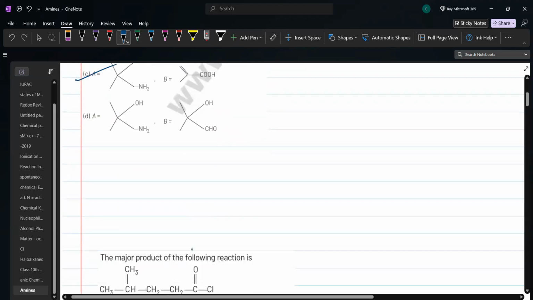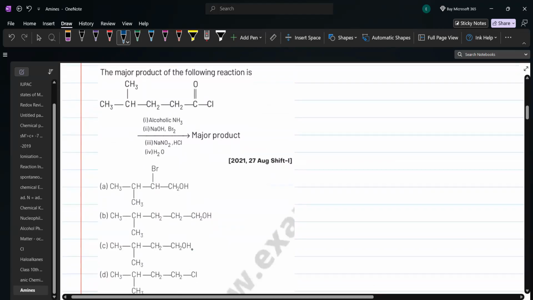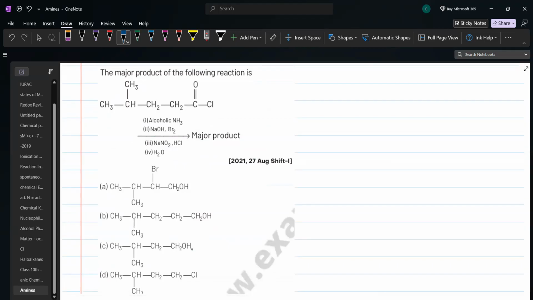Okay, now try to solve this question. If H2SO4 were not present, then only OH would be the correct answer.